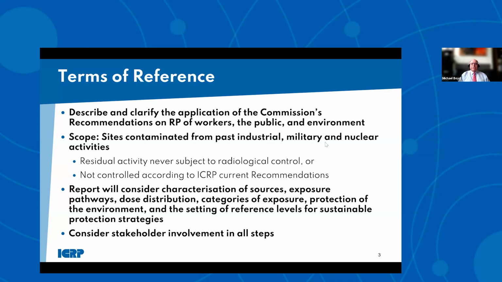That includes residual activity never subject to radiological control or not controlled according to ICRP current recommendations. The report will consider characterization of sources, exposure pathways, dose distribution, categories of exposure, protection of the environment, and the setting of reference levels for sustainable protection strategies. And we were asked to consider stakeholder involvement in all steps.